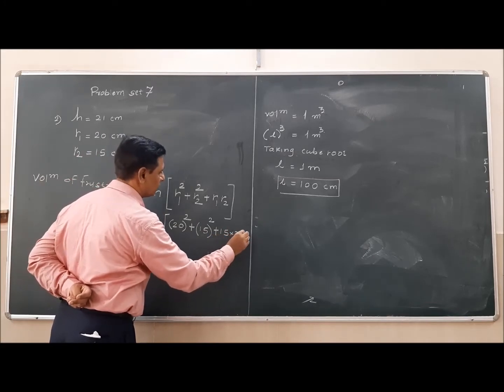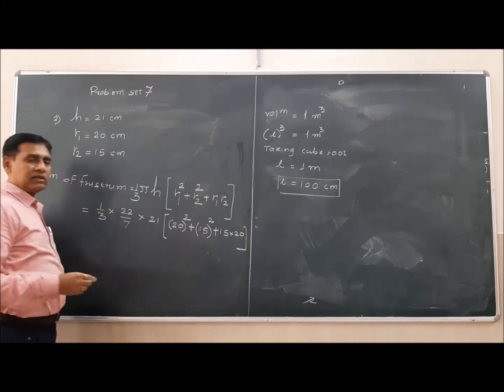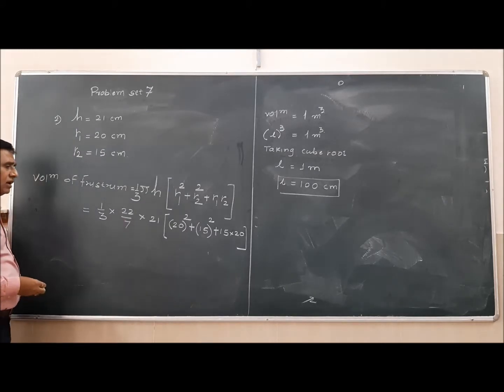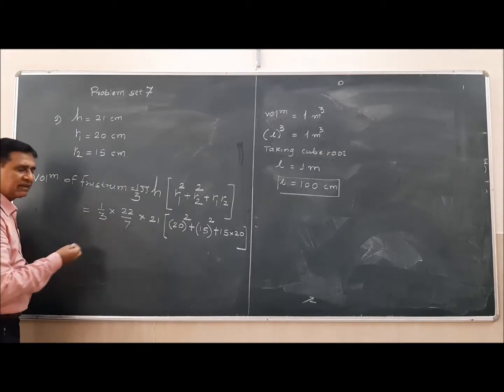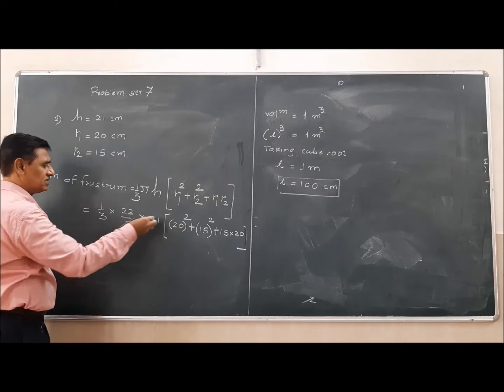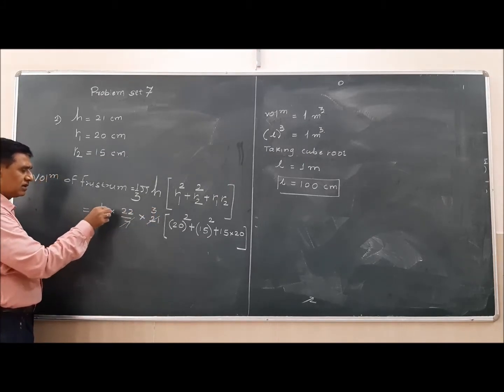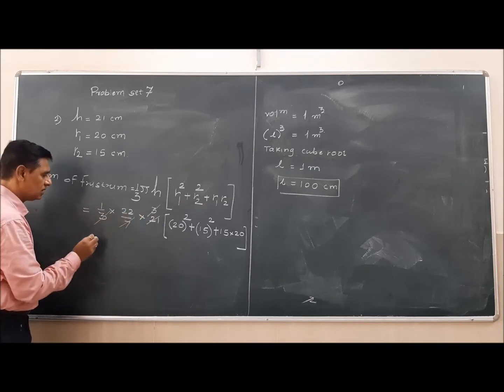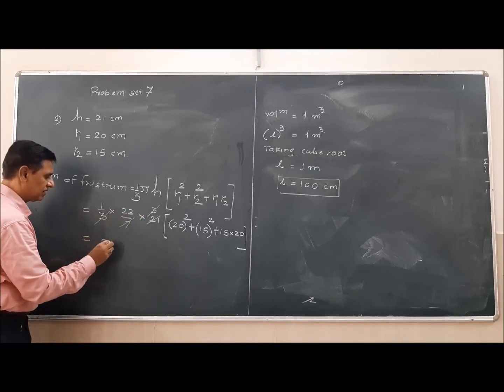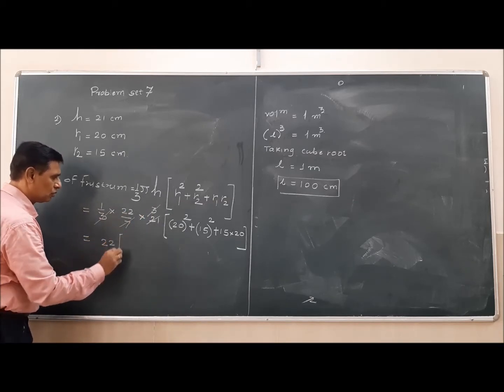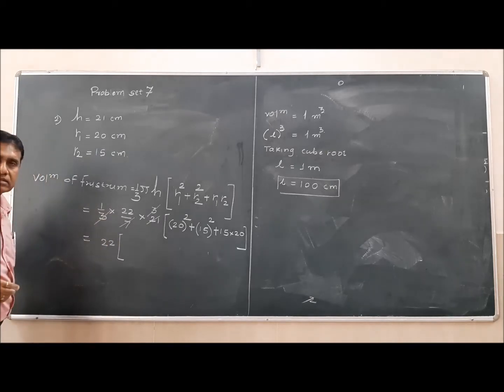The next step will be, here you will find very easily I can cancel this. 7 3s are 21. This 3 and 3 will also be cancelled.